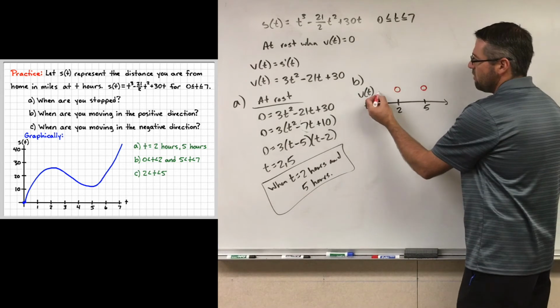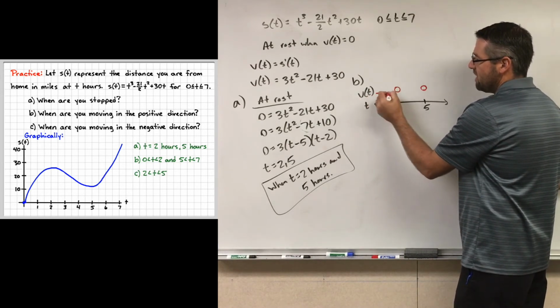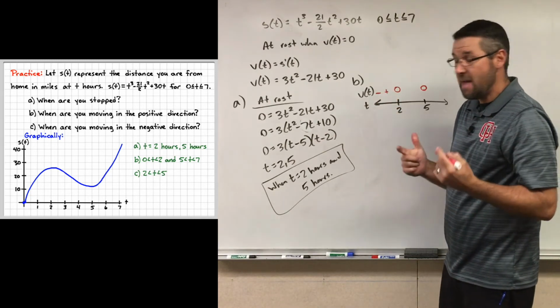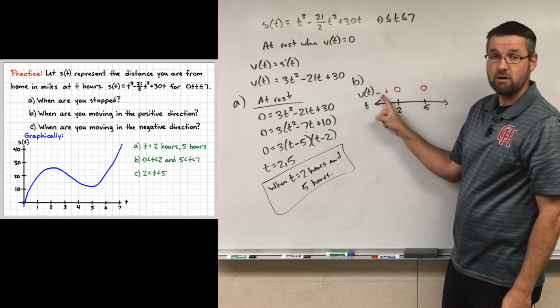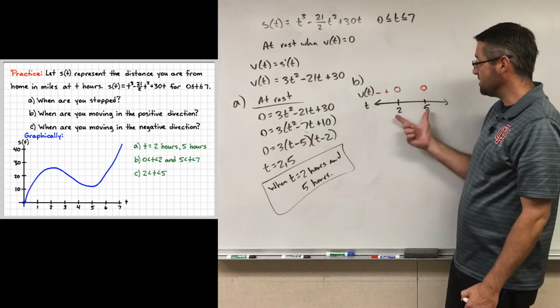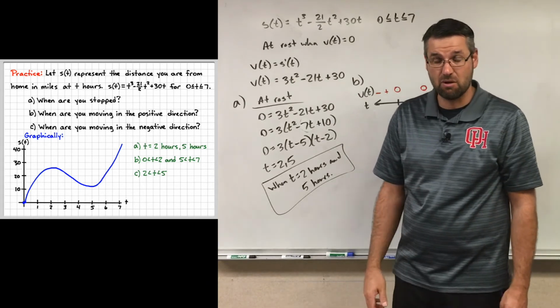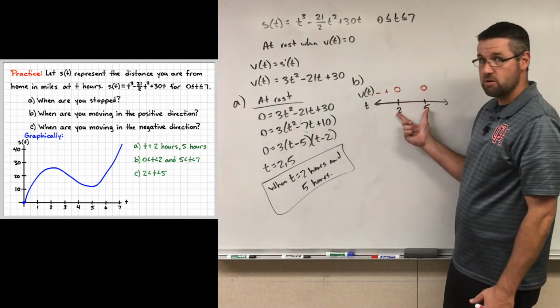If velocity was negative in this interval, and then it was positive somewhere else within that same interval, that means velocity changed signs somewhere in that interval. Well, we know that it didn't, because it can only change signs when the velocity is 0, and we already have all our zeros.